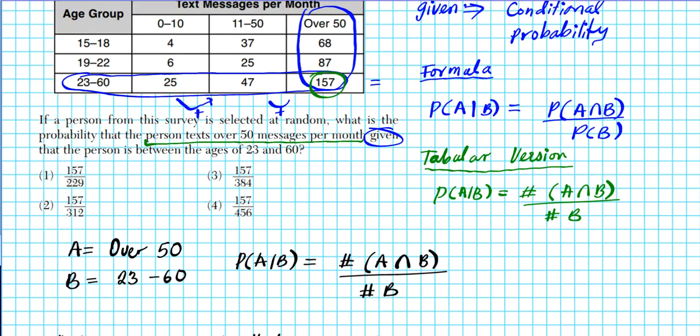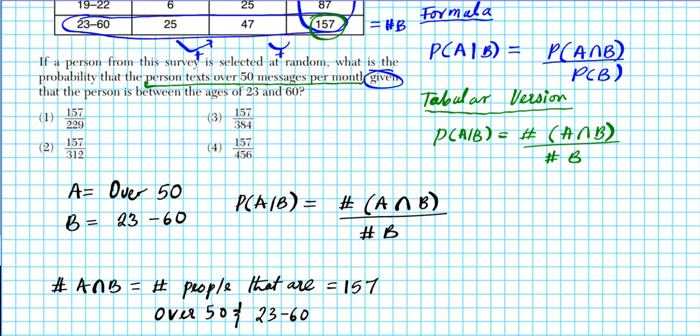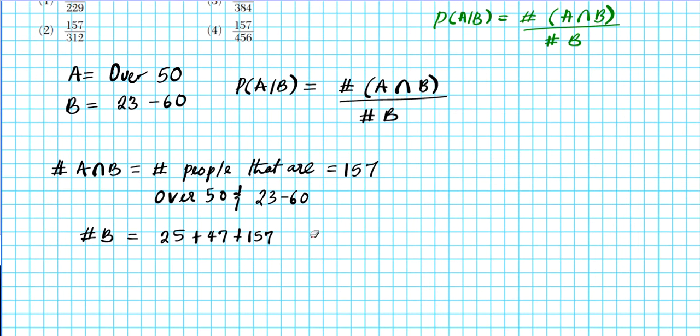The number of B is going to be 25 plus 47 plus 157. Just extract the numbers in this row right here. If you add it all up, you have 229.